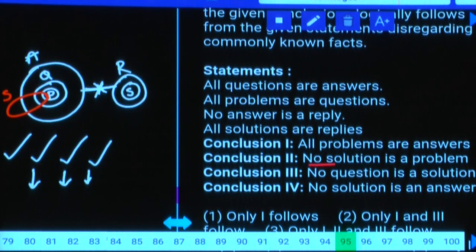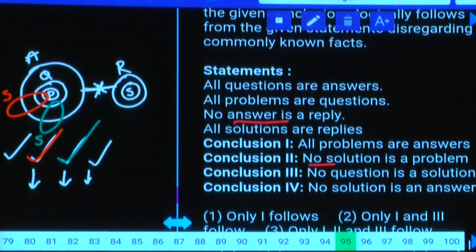Now if you write solution like this, no answer is a reply will be false, isn't it? Statement invalid, alternate diagram cannot be done, that will be true forever. Then coming to the third conclusion, no question is a solution. In order to make this one false, we have to prove some of the questions are solution. Now if you draw solution like this, is it possible? No. Hence alternate diagram cannot be drawn, this will be true forever.